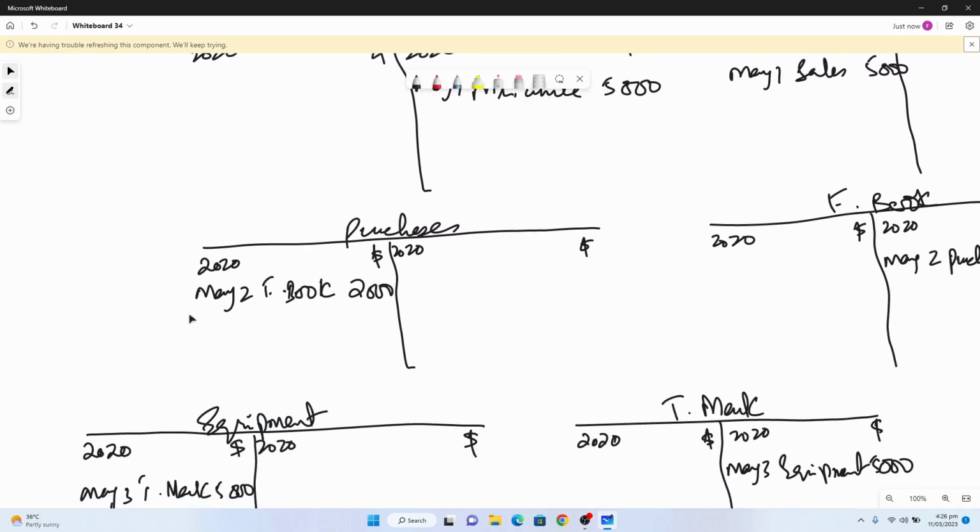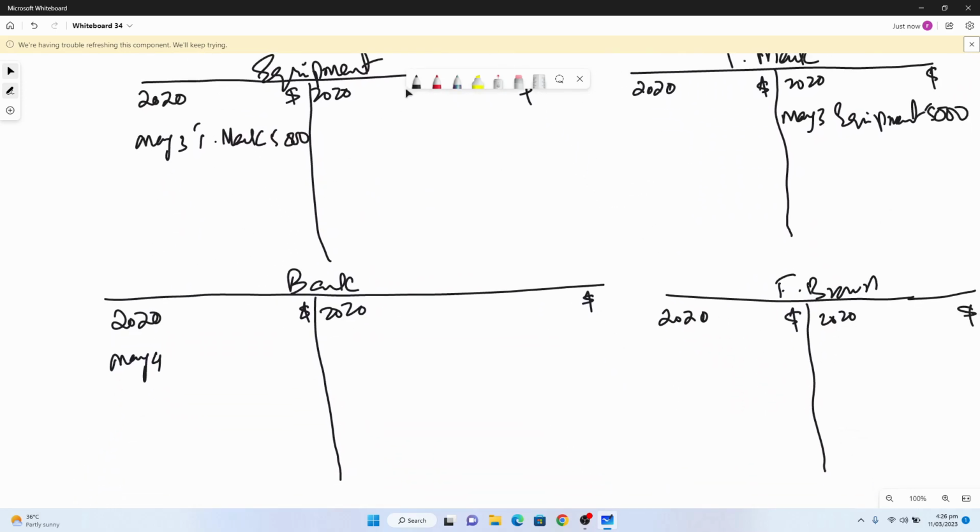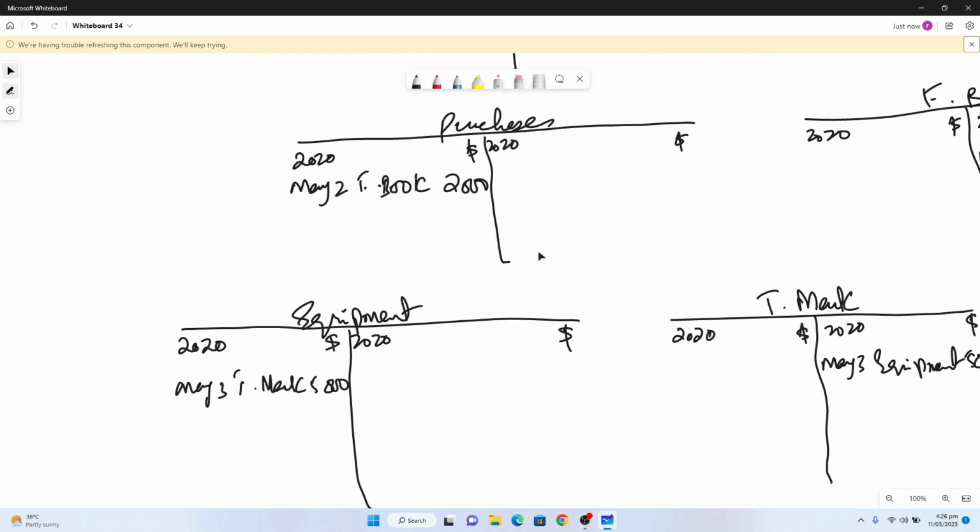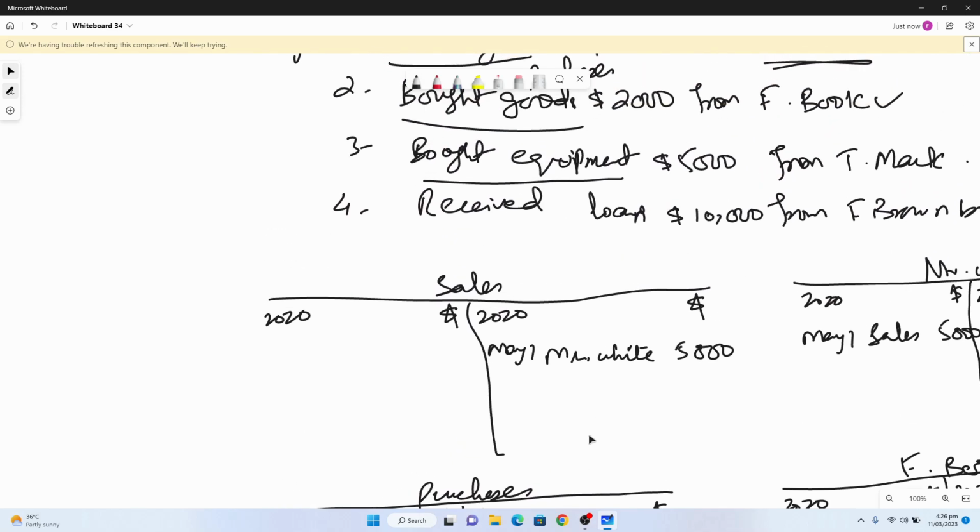Yes, 4th May, and 10,000 is coming in the bank, so I'll write it down in the debit side. F Brown, 10,000 on the debit side. Then May 4th, this will be not F Brown, this will be bank, because we write the name of the opposite T account, 10,000.